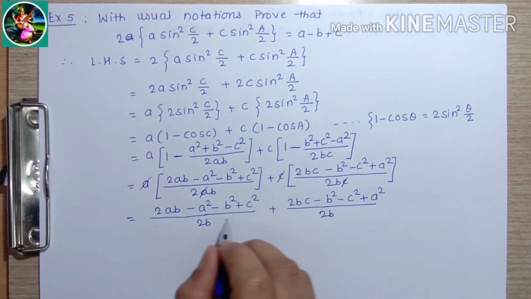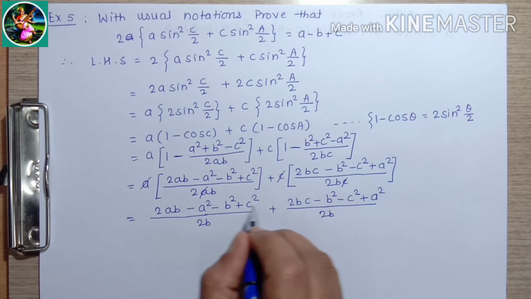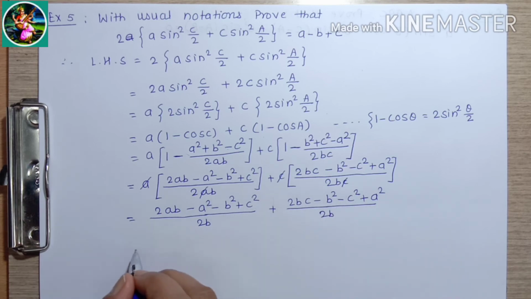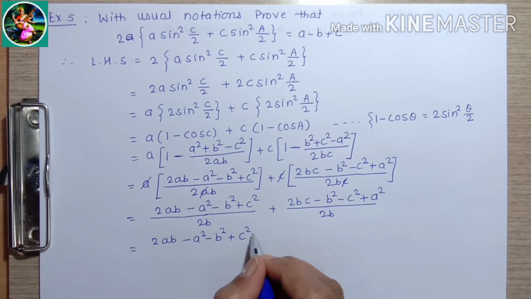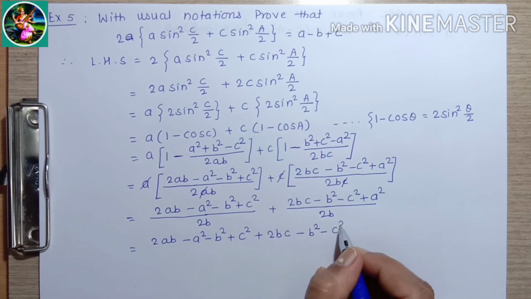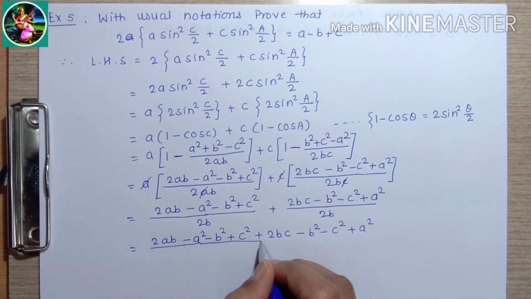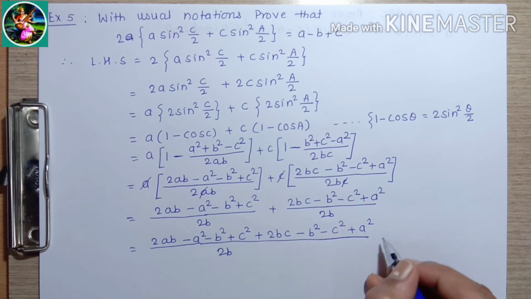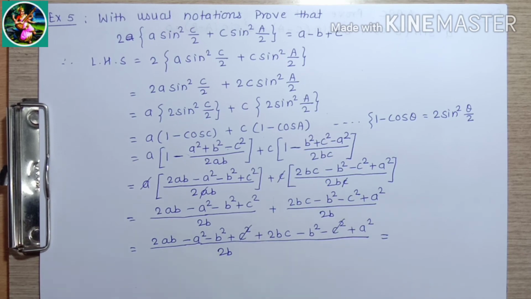Here both the denominators are the same, therefore we take the addition of these two numerators, that is 2ab minus a square minus b square plus c square plus 2bc minus b square minus c square plus a square, and this whole divided by 2b.